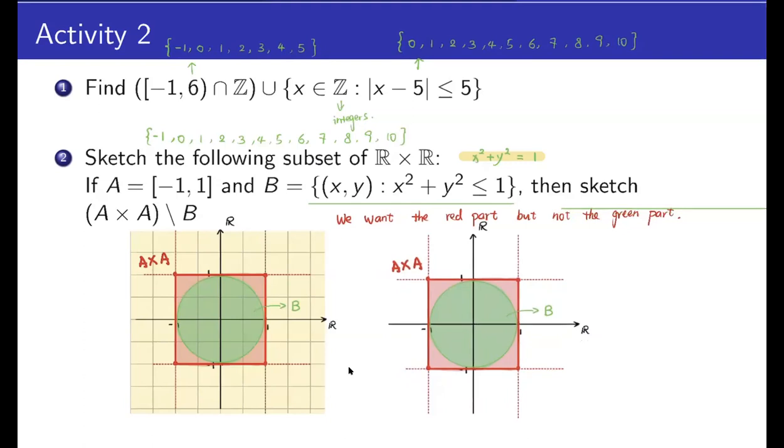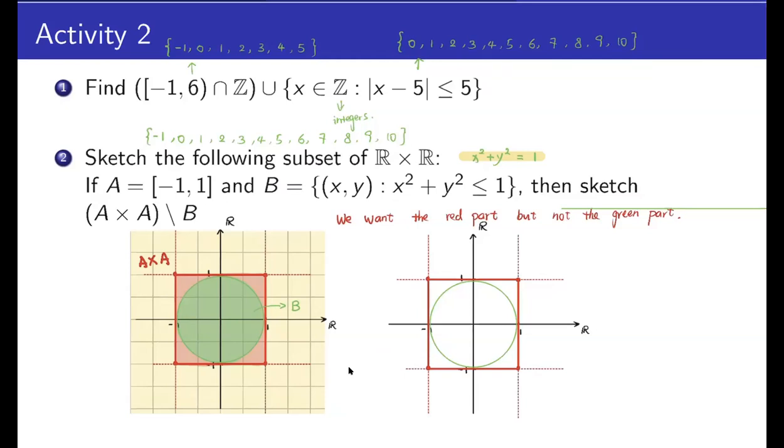Right, let's make it here. And now tell me which part exactly is our A cross A minus B. Box remove circle. So the area in the square that's not in the circle. Exactly. We want everything that's inside of the square but outside of the circle.